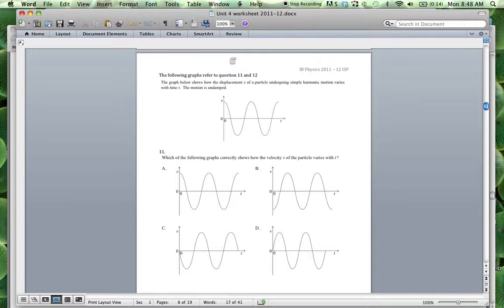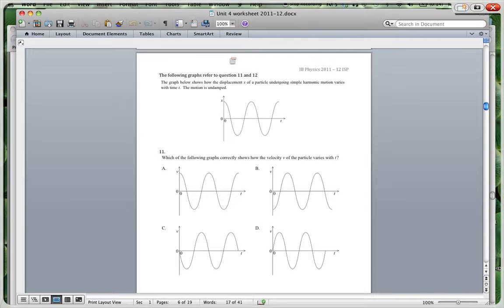So we've got here, the graph below shows the displacement x of a particle undergoing simple harmonic motion. It varies with time. The motion is undamped. Okay, so it means that you're not going to be losing any energy with time. So which of the following graphs correctly shows how the velocity v of a particle varies with time?